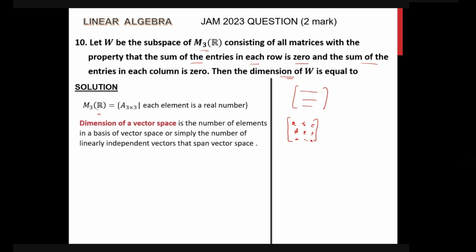Now what is the dimension of a vector space? It is the number of elements in a basis of the vector space, or simply the number of linearly independent vectors that span the vector space.